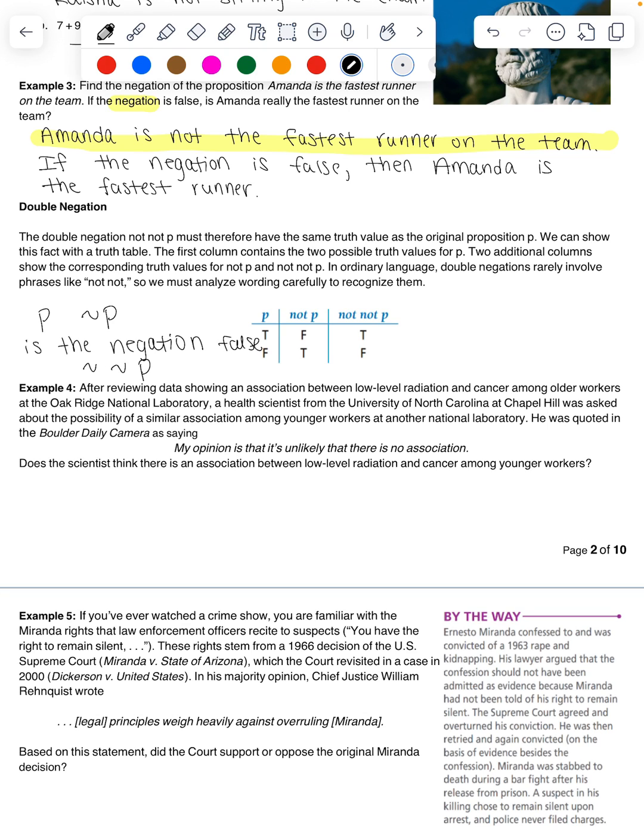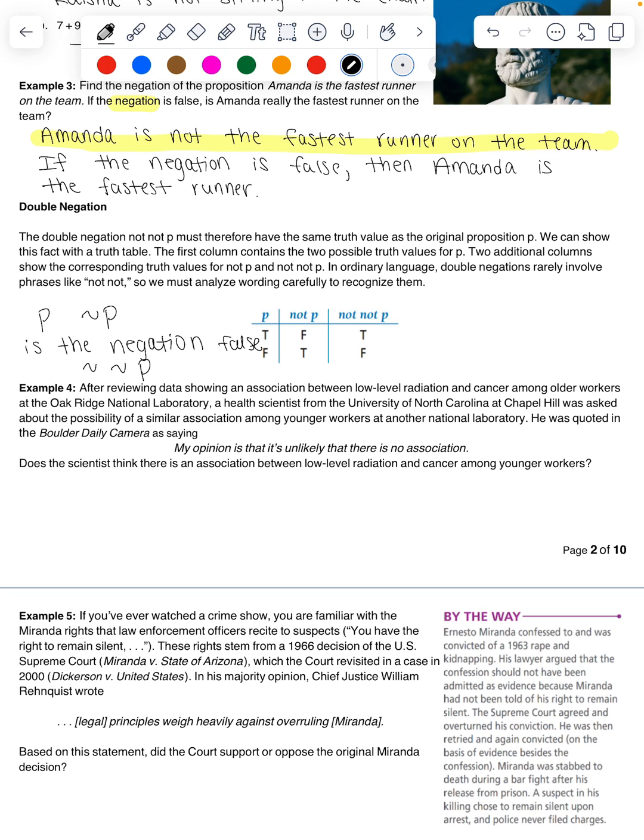He was quoted in the Boulder Daily Camera saying, "My opinion is that it's unlikely that there is no association." This is a very confusing statement. So, does the scientist think there is an association between low-level radiation and cancer among younger workers?